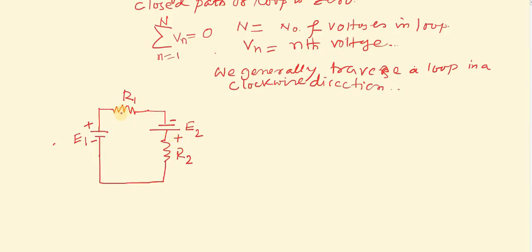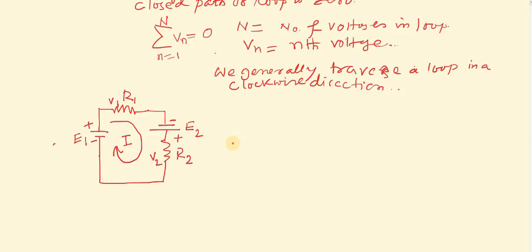Consider this loop, which we will traverse in the clockwise direction. The current flowing through this loop is I, and the voltage across these resistances is V1 and V2.